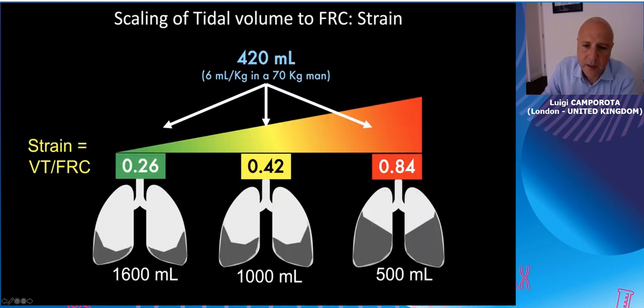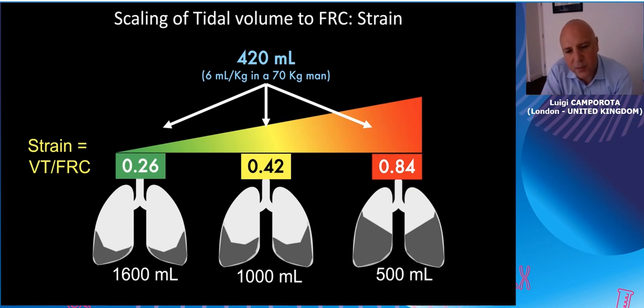So, for example, if we think about this example here, when we are asked to scale the tidal volume to the predicted body weight, it's very clear that the scaling is based on the relationship between ideal body weight and lung volume in health, but not in disease.